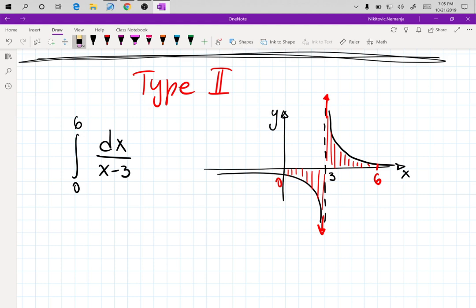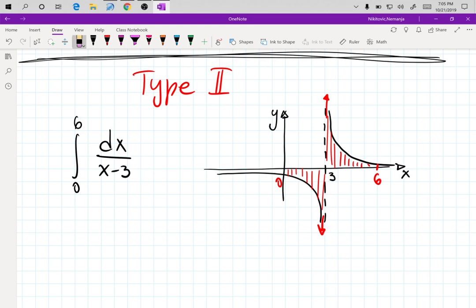Right, that's where we start. And now we have the limit of the integral 0 to 3. So that's going to be 0 to b. And b is going to approach what? You need to be more specific than 3. 3 from the left. So 3 with a little minus on top.